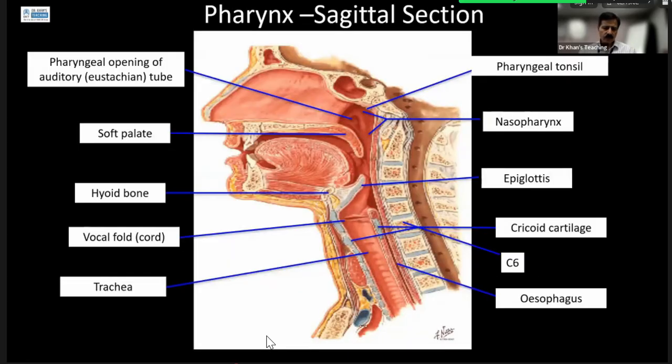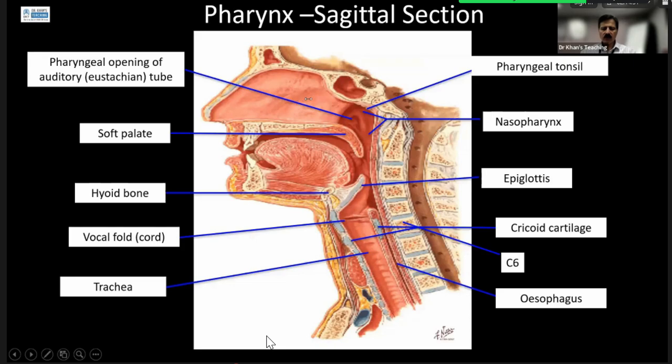Now, if you concentrate on this, this is midline sagittal, and you should have a clear-cut idea about the term pharynx and the parts of pharynx, and how you discriminate it from surrounding structures. Now, this is the nasopharynx, then the oropharynx, then the hypopharynx.